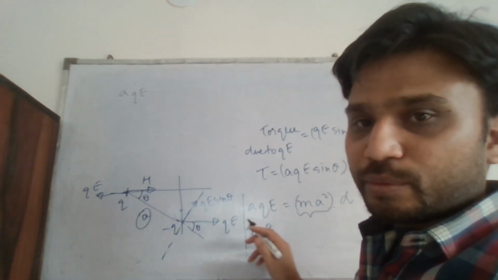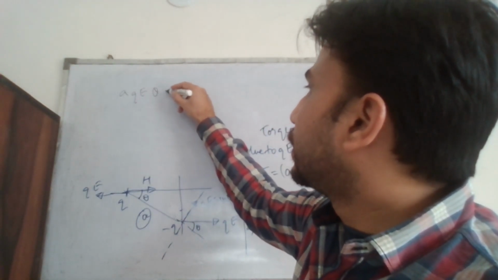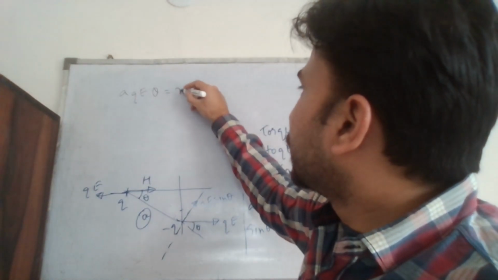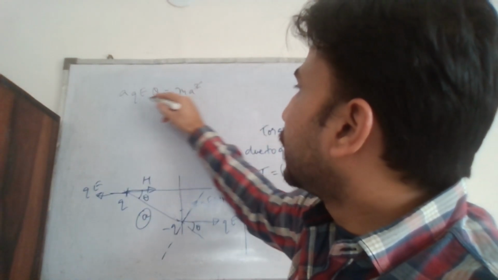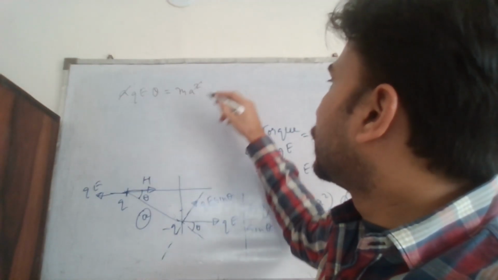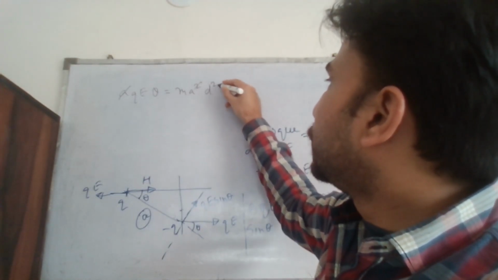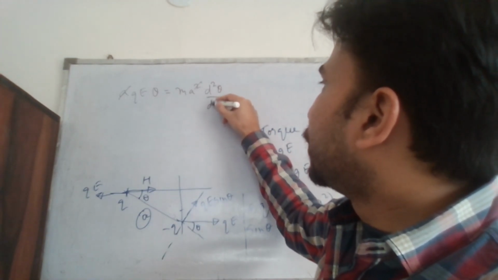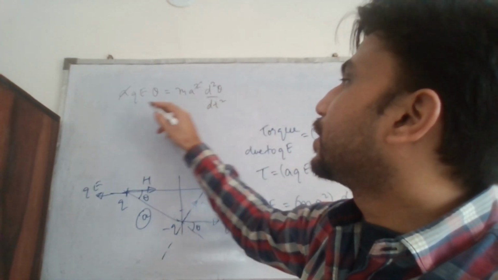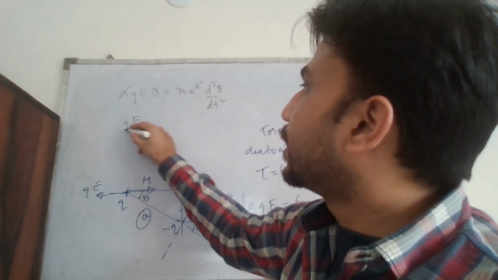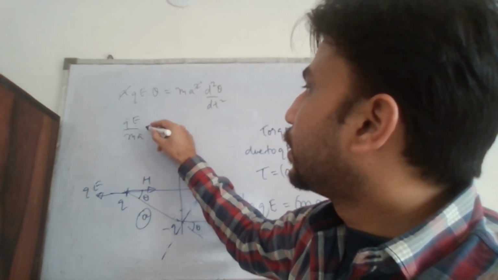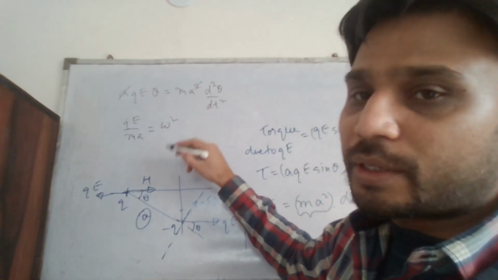Sine theta is very small, so this will become theta. This will become ma square. a and a cancel, and this is alpha, which is d2 theta upon dt2. So what is the coefficient of theta? That is QE by ma. That will become equal to omega square.